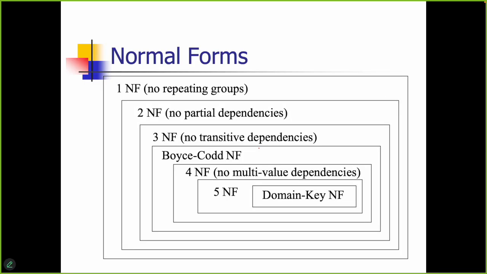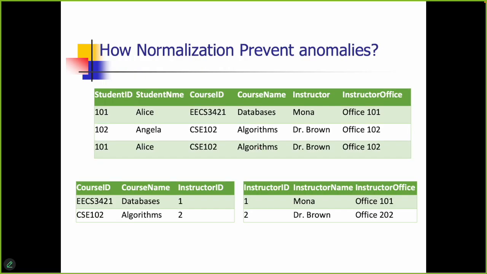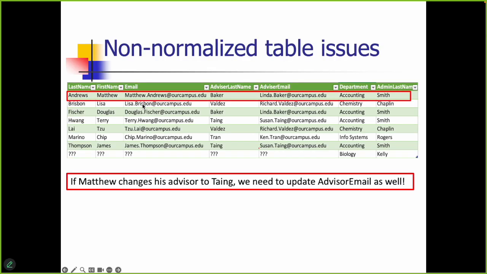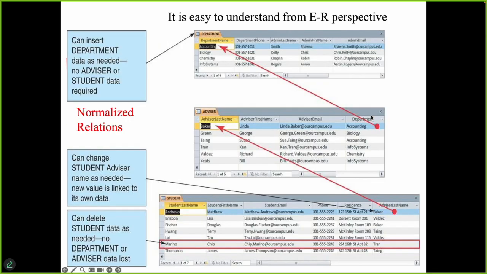Now, so 1NF or first normal form means that each cell should have only one value. Like, for example, what I mentioned, for instance, here. Recall when I was talking about adding foreign keys to the menu side, I said that you cannot add, for example, advisor ID to the department table.